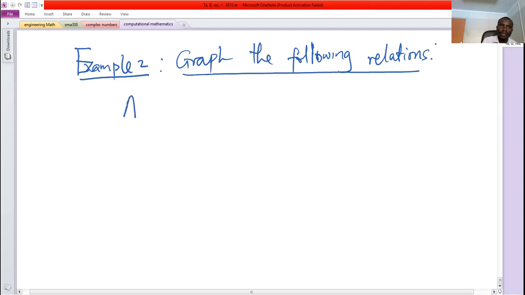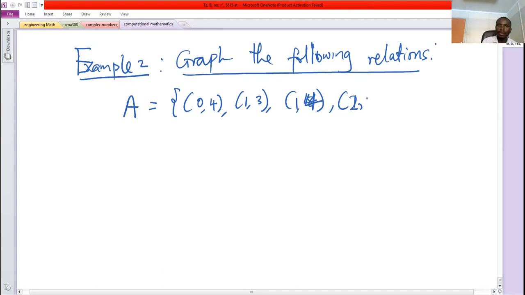The first relation A: (0, 4), (1, 3), (1, 8), (1, 4), (2, -3), and say (4, 5). So this is the first one.